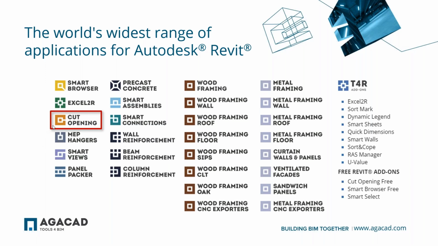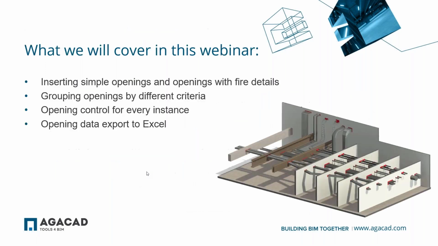This tool is used to generate and control opening elements in Revit models. It provides faster opening creation and coordination process for multiple disciplines. In this webinar, we'll cover insertion of regular openings as voids and openings with fire details into the model, and grouping openings by different criteria, be it fire rating of the structure, type of the structure, or type of the MEP system.